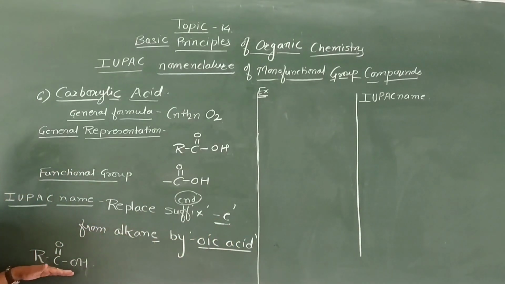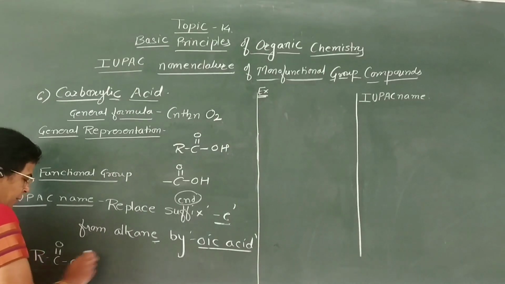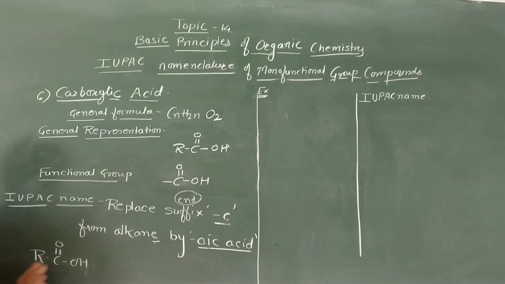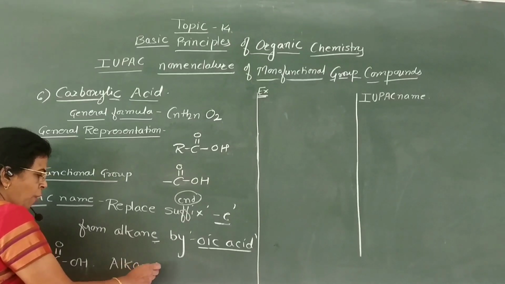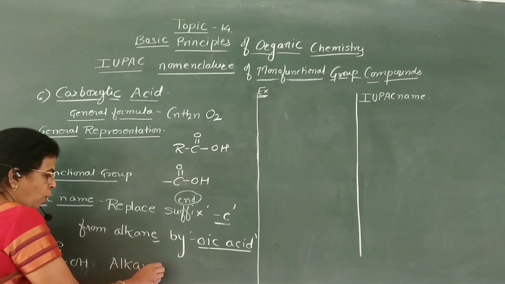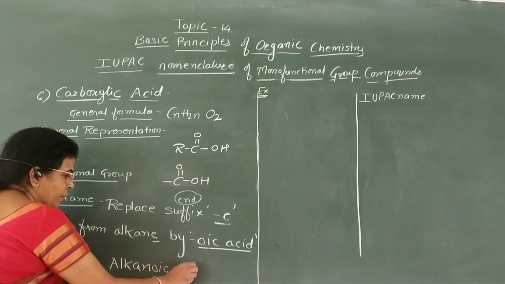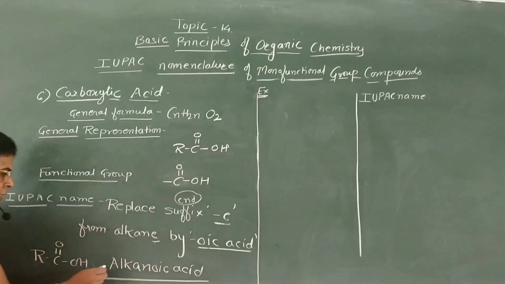Now if we consider this general carboxylic acid, the IUPAC name is found by considering R as an alkane and replacing e from the alkane by oic acid. Now it becomes alkanoic acid.